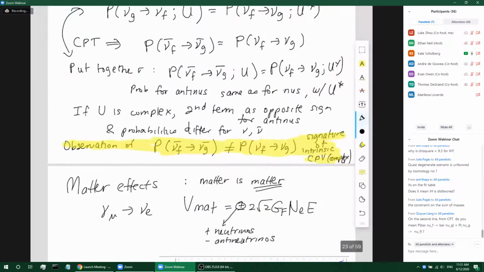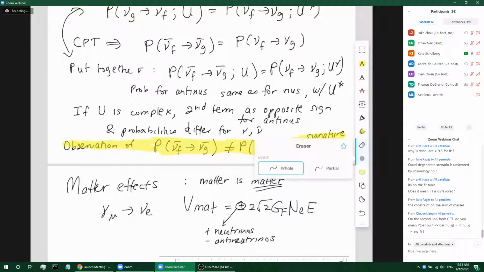Did I make a right-o here? In the second line, from CPT, do you mean P bar nu F to nu G? Oh, yes, thank you. I think I made a typo. It's G to F, yeah, thank you. Great. CPT, you want to have the T in there as well.